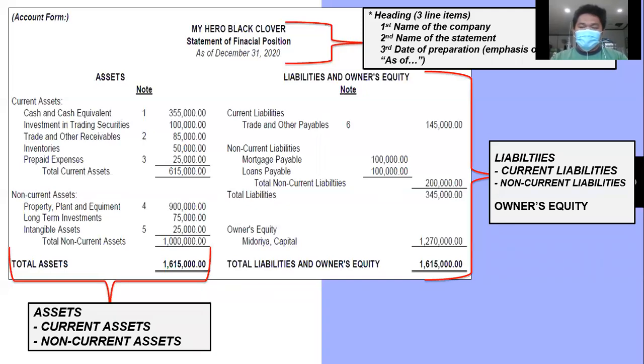So that is the two formats in preparation and presentation of the balance sheet. And always, by the accounting equation, assets must equal the total liabilities and equity. In this case, 1,615,000 is the total assets, and total liabilities and owner's equity is also 1,615,000.